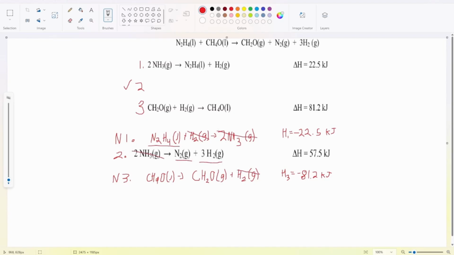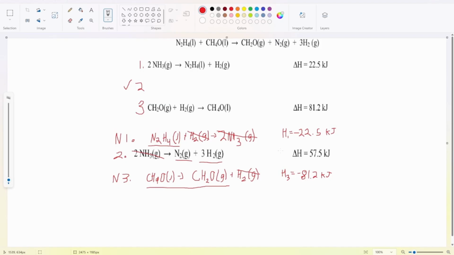And then you have this, and you're left with these. So, in the end, you do get N2H4 plus CH4O goes into CH2O plus N2 plus 3H2. Right, so that's good. Now we just need to worry about these.